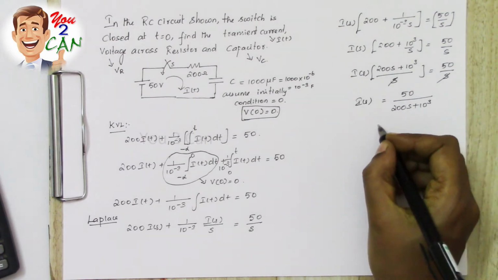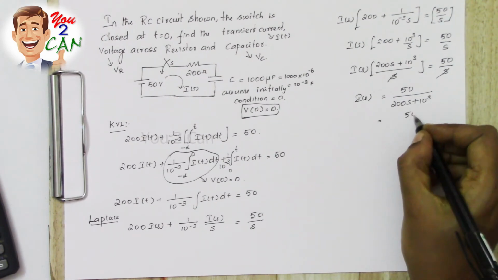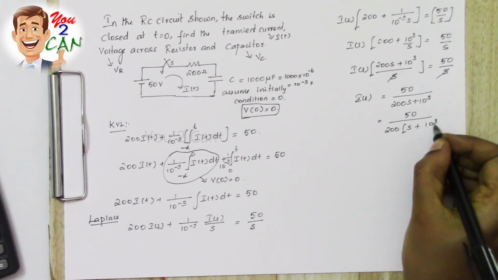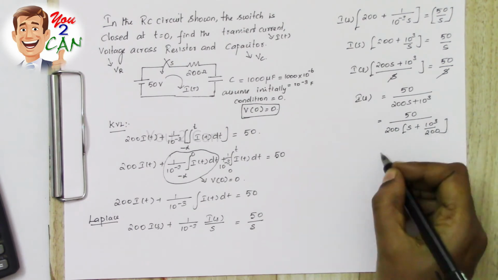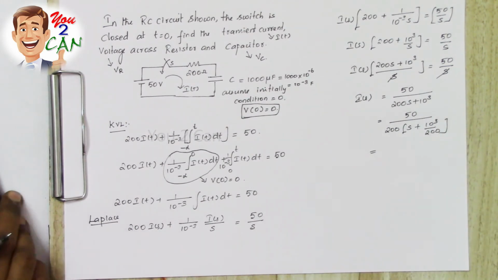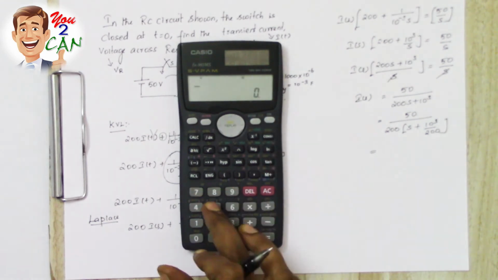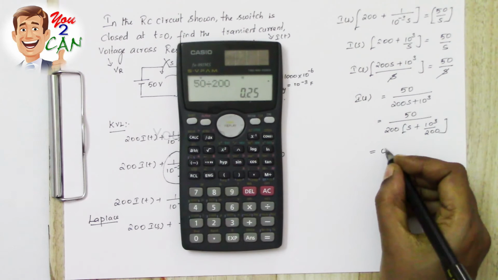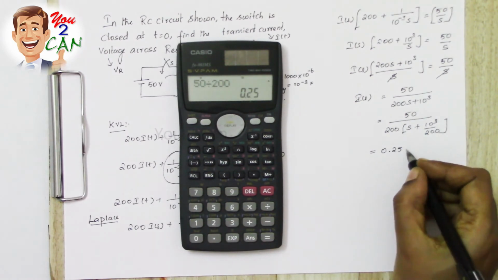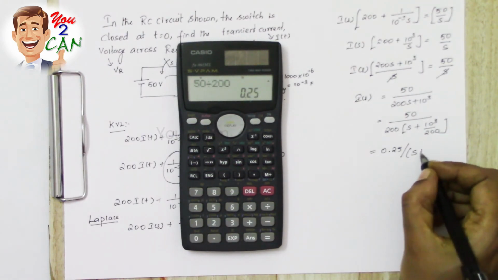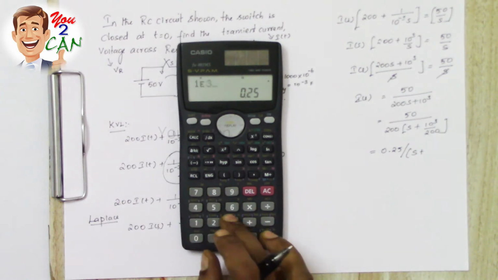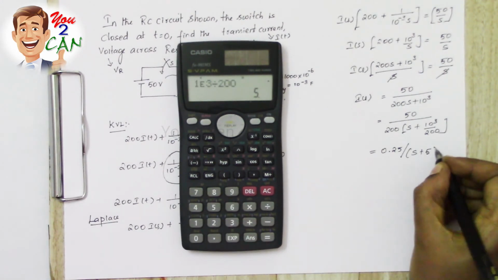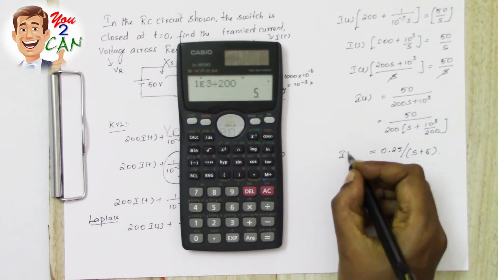So take this s outside. So I of s equals 50 divided by 200 into s plus 10 power 3 by 200. 50 by 200 is 0.25, divided by s plus 10 power 3 divided by 200, which is equal to 5. So this is I of s.